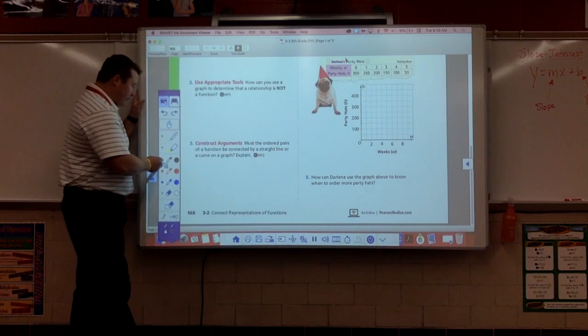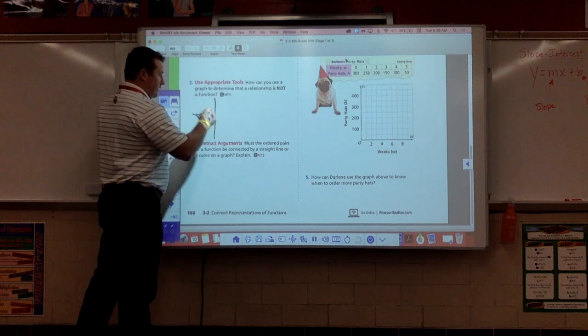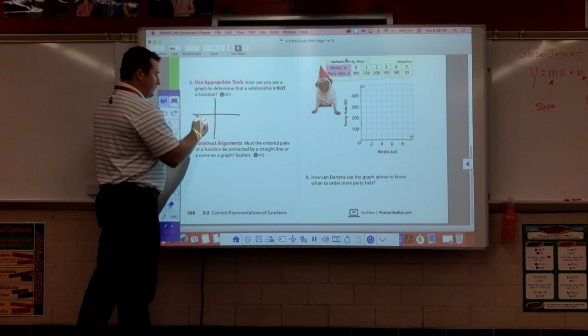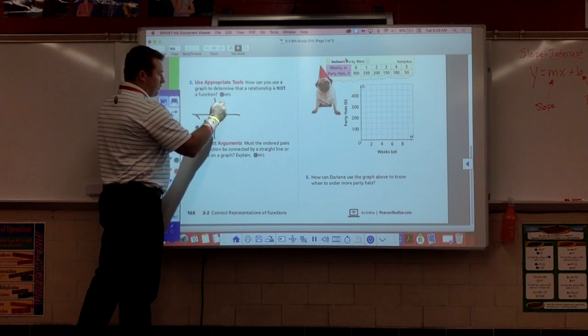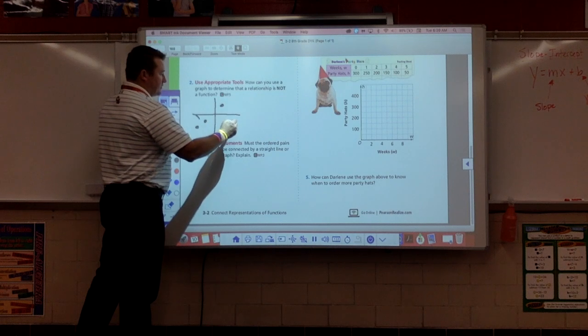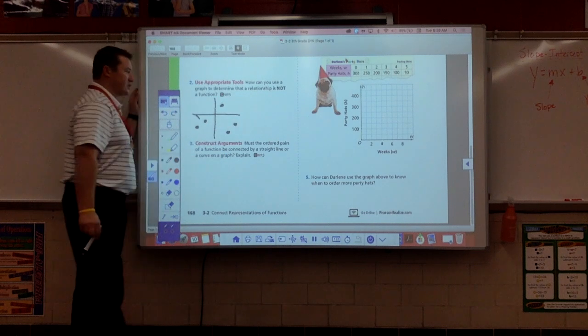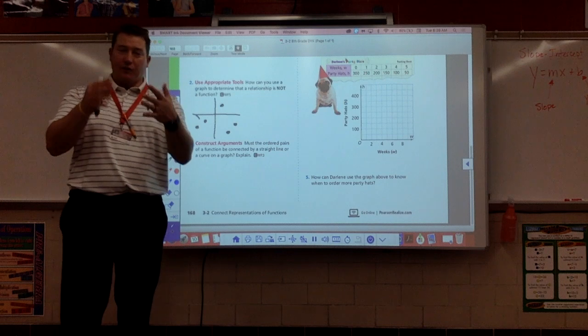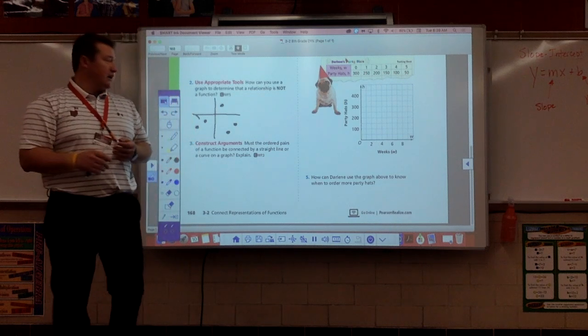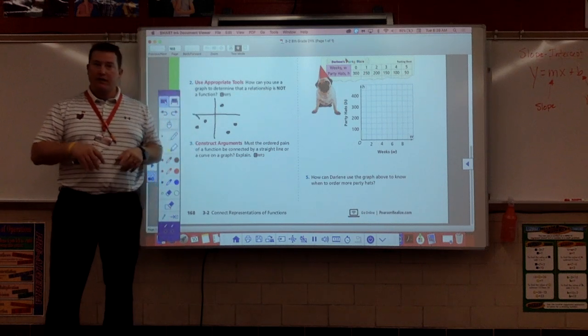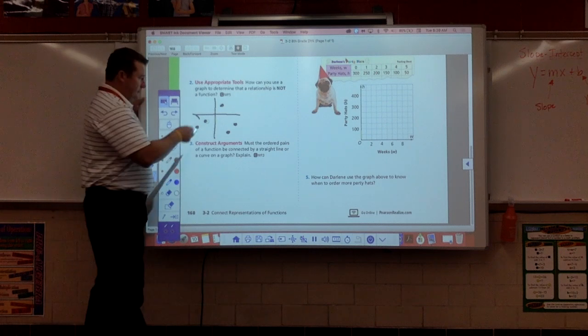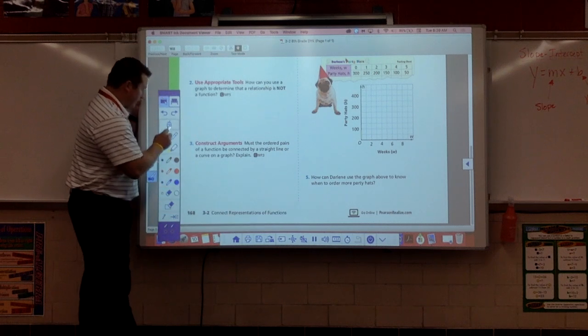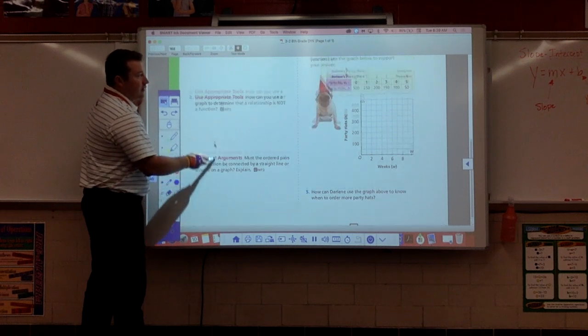So it would be perfectly okay, guys, to have a graph that just has a collection of dots on it. That's okay. And we're actually going to see these in chapter 4. They're called scatter plots. Well, a certain kind of them. Not all of them are like that.